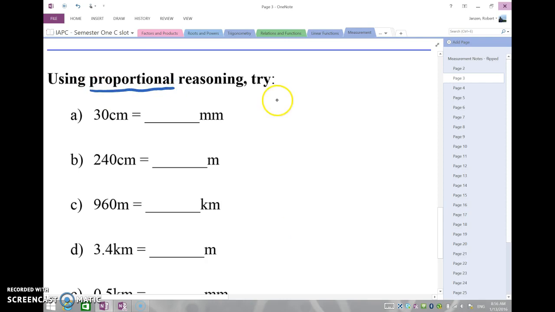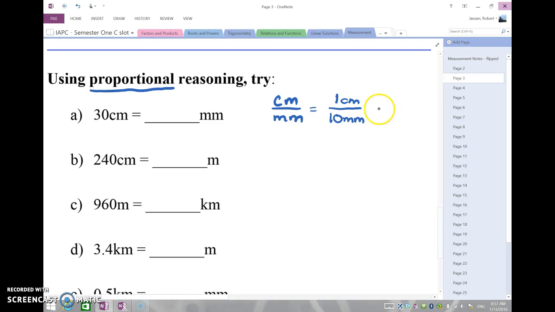So looking at the first one, what we're doing is we're comparing centimeters to millimeters. And if you look up on the top of our chart, 1 centimeter equals 10 millimeters. This is a ratio that you're given. This is a ratio that you could have on your cheat sheet. You could memorize it. It'll also be given to you on a test if you do need it.